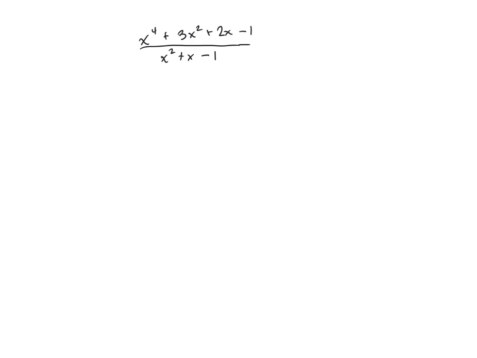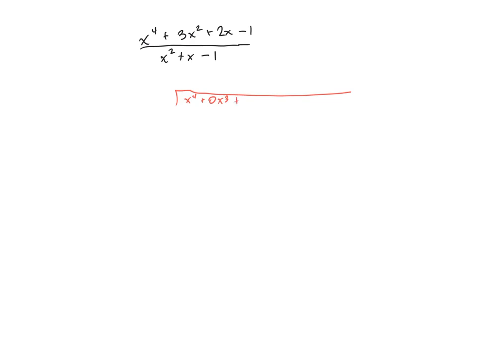So when I go to set this problem up, I'm going to make an adjustment to account for those missing terms. So I'll make my division bar house thing, and I'm going to put my dividend underneath. So I have an x to the fourth, and then I don't have an x cubed term, so I'm going to put a placeholder in there. Since I have 0 x cubes, I'm actually going to put 0 x cubed in there.